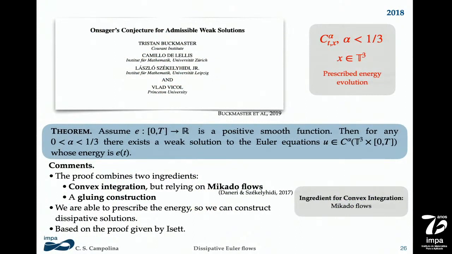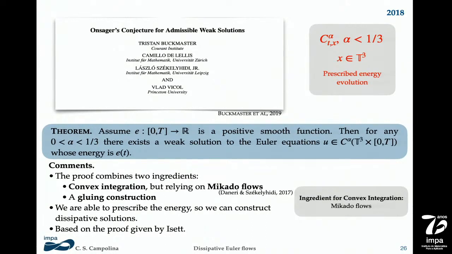And finally, we have this paper from 2019. There is a typo here. By Buckmaster, De Lellis, Székelyhidi, and Vicol, which is a proof in the same regularity required by Onsager, Hölder 1/3. But now we are prescribing the energy evolution, just like the other theorems before, right?